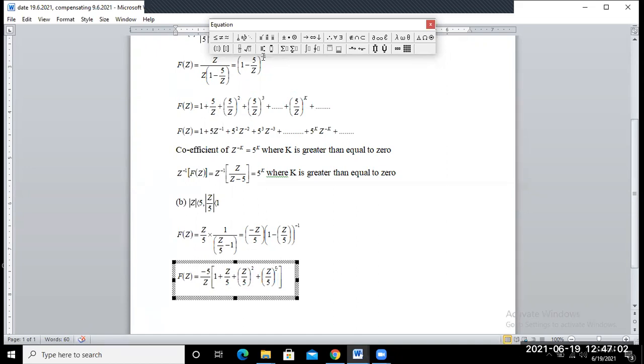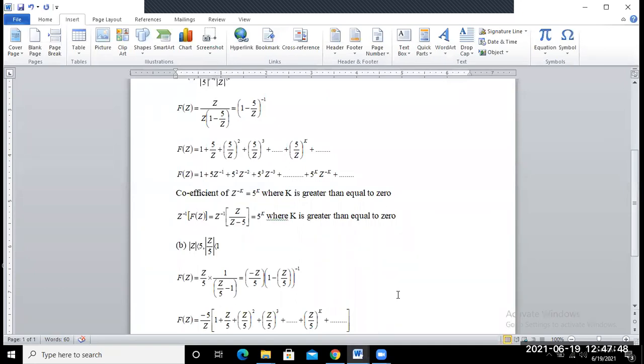Plus up to z by 5 to the power k, and so on.